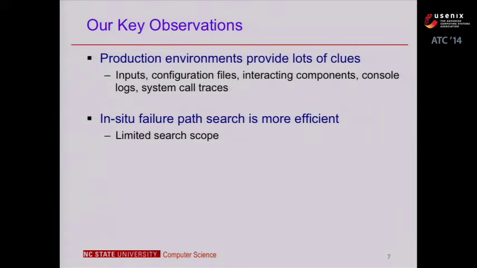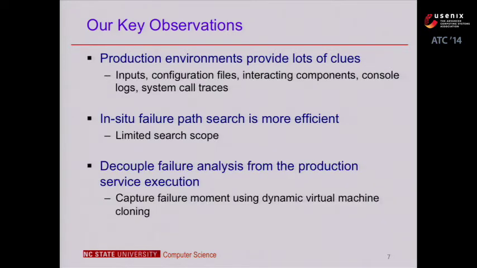One example is if we know the failure I mentioned before can fit with the round robin policy, we don't have to explore other policies. Also, if we could decouple analysis from the production run, we can minimize service downtime. We do this by using dynamic virtual cloning to capture the failure moment state.